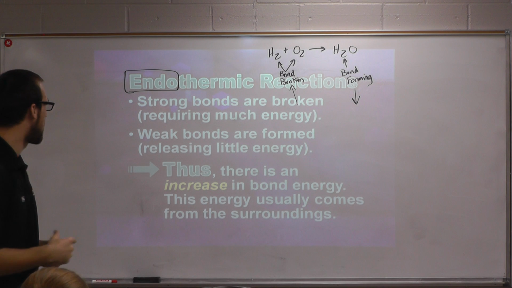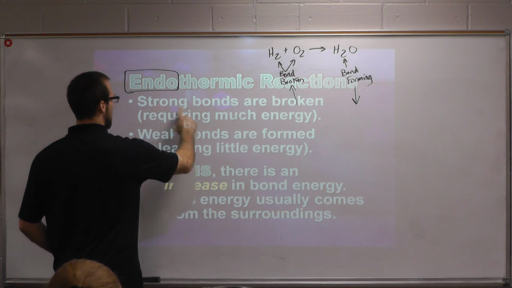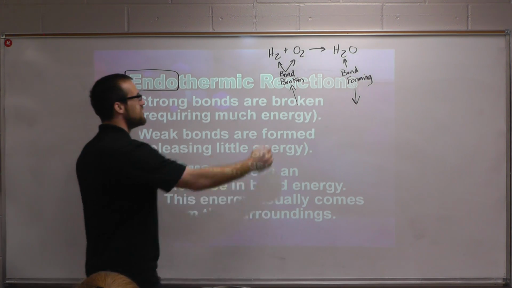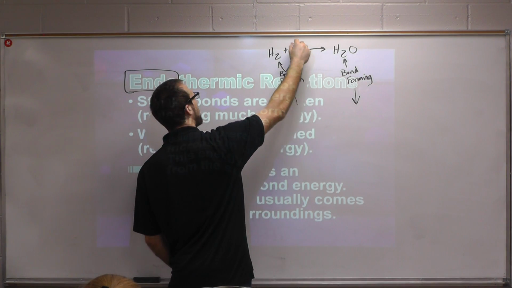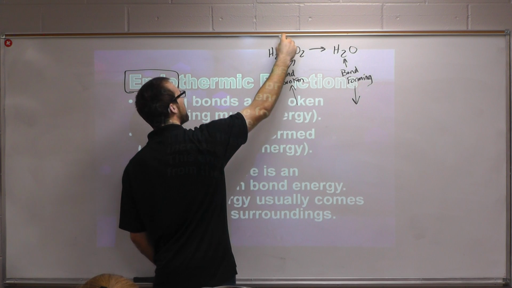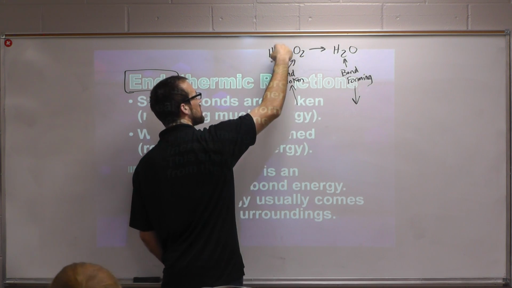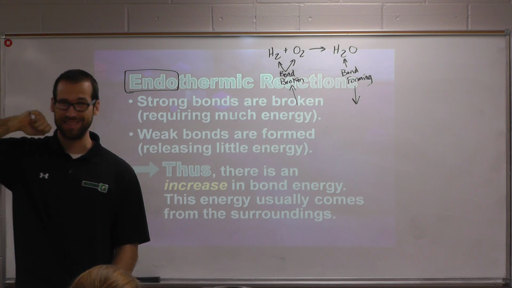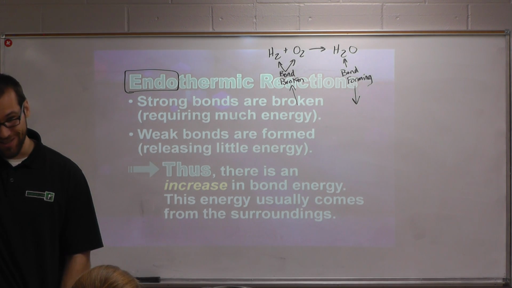Making it endothermic. This is where we said strong bonds are going to be broken, which requires a lot of energy. So these are strong bonds, but what does that tell you about the energy associated with the strong bonds? Strong bonds means what for energy?